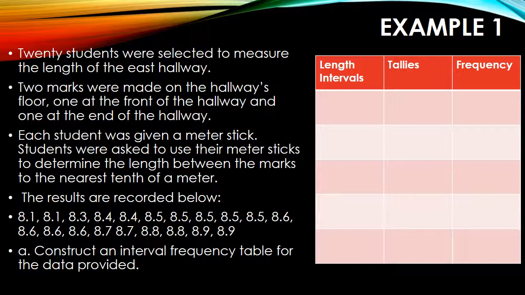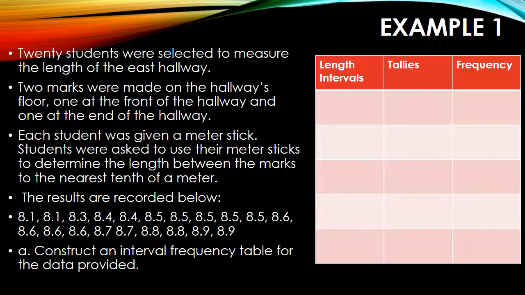My data goes from 8.1 to 8.9, and I need to make 5 intervals to accommodate all these data. So I'm just going to try and do my best to come up with the best intervals that can represent all these data.